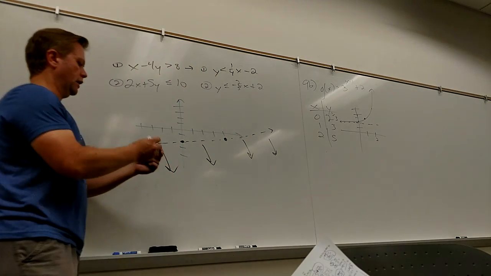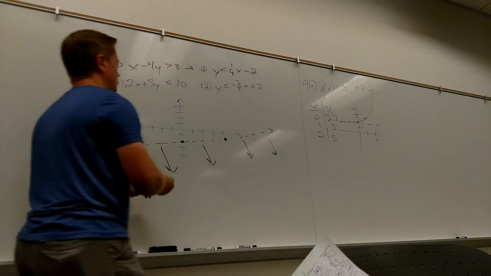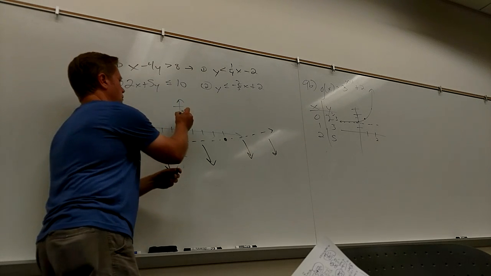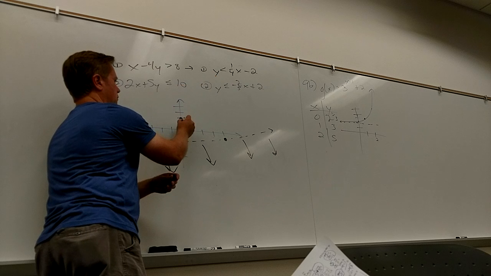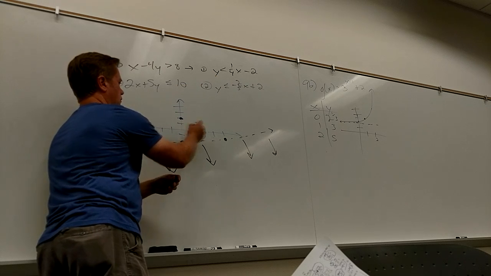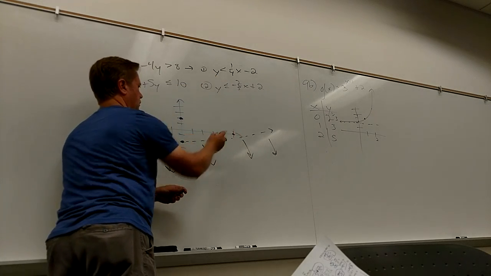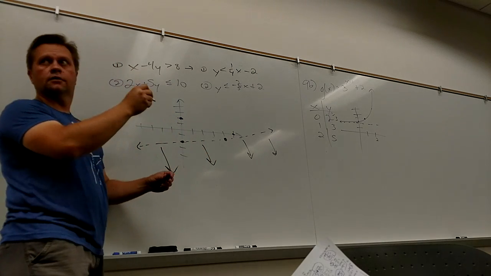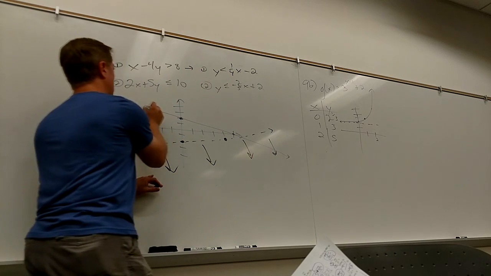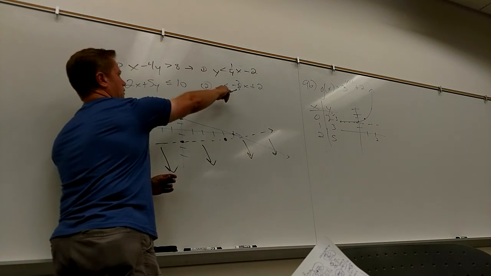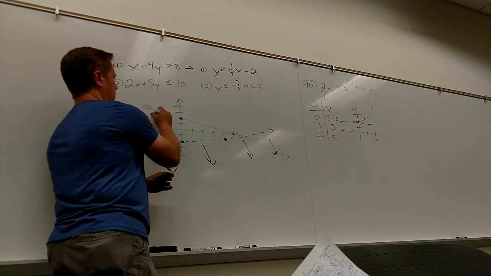Now how do you graph the second one? Start at 2 and go down 2 over 5. And what kind of line is that going to be? Solid. And I'm going to shade below again.